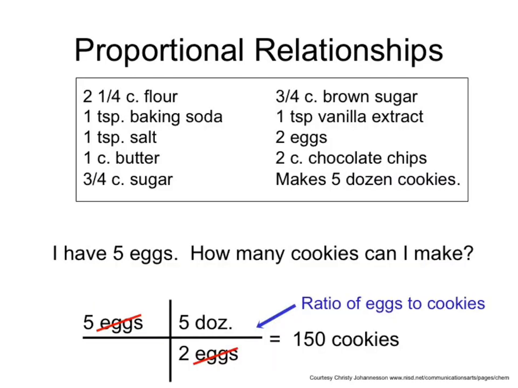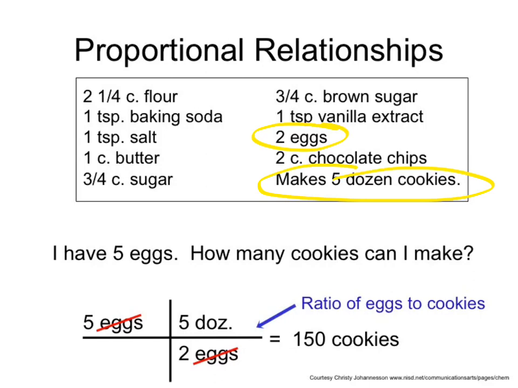If I have 5 eggs, so here's our cookie recipe for chocolate chip cookies. If I have 5 eggs, how many cookies can I make? I know that 2 eggs gets me 5 dozen cookies. So if I have 5 eggs, this is my unknown.